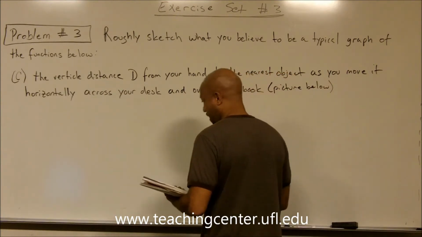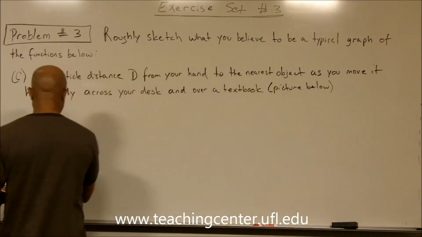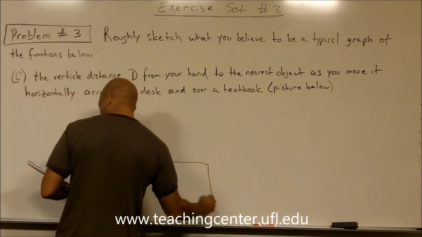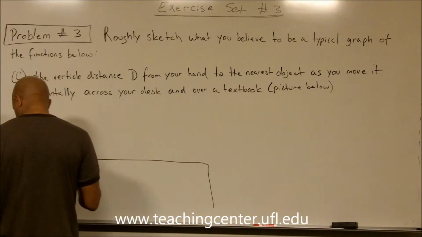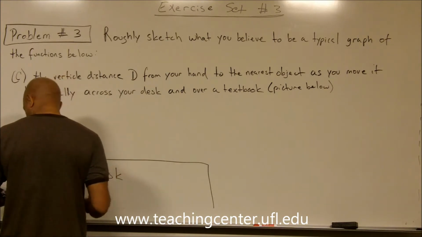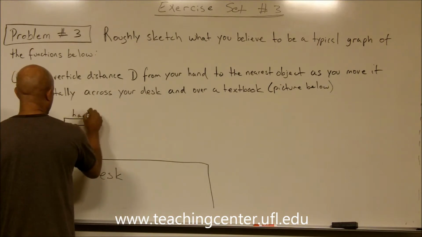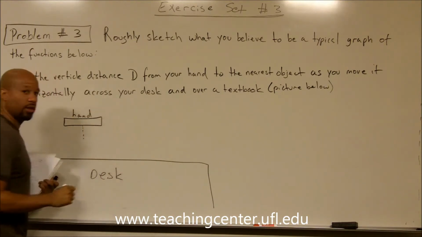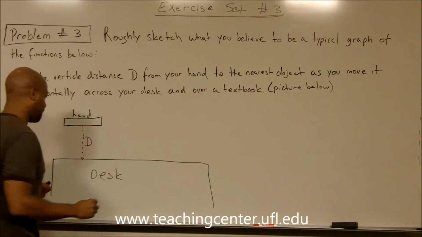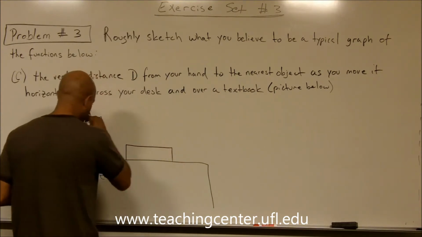Basically we have a desk. So this is our desk, and we have our hand, and we know that the distance between our hand and the desk is D. We also have a book.